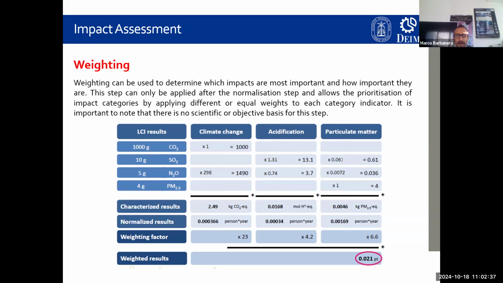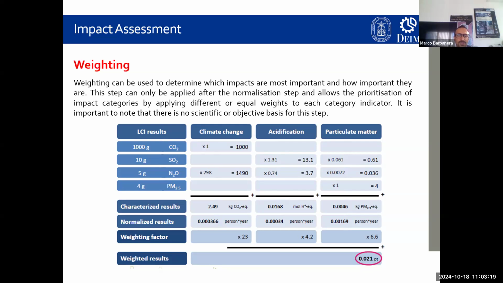But typically, if we arrive at the weighting step, this weighted result is expressed with this term, points, simply in order to increase the comprehension of this result for the final user.